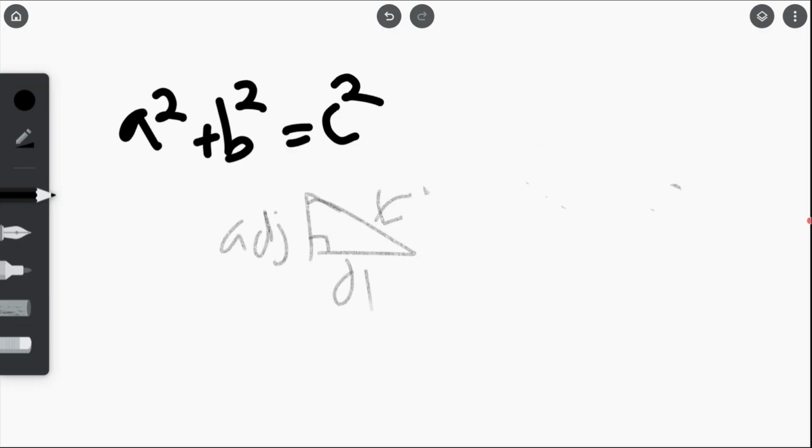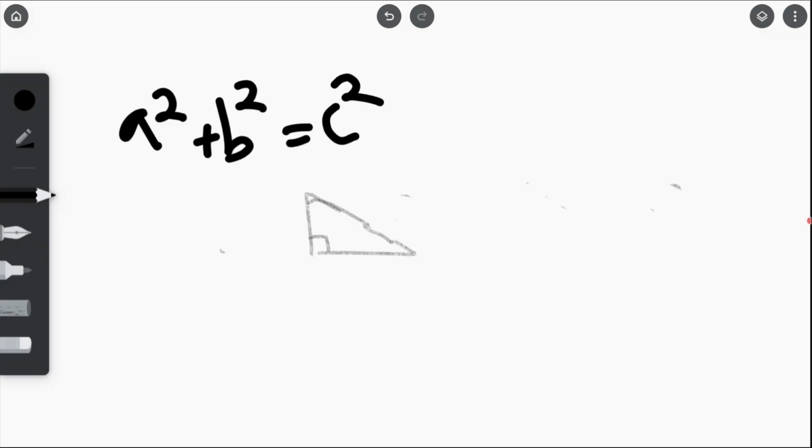And that's opposite, because it's opposite from the right angle. Wait, is it the other way around? I don't really know. But that's not really important for this lesson, because in this lesson we're going to determine what the hypotenuse is off of the adjacent and opposite. The a and b are the adjacent and opposite, and c is the hypotenuse.